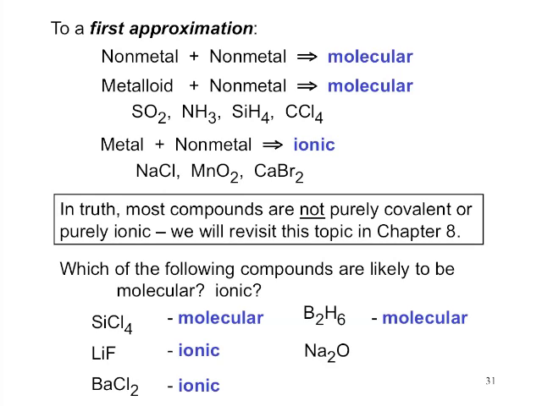Is this one ionic or molecular? Sodium's a metal, oxygen's a nonmetal, so you'd predict this one to be ionic. And then finally, C2H4 is ethylene. Carbon is a nonmetal, hydrogen is a nonmetal, so you'd predict the compound to be molecular.